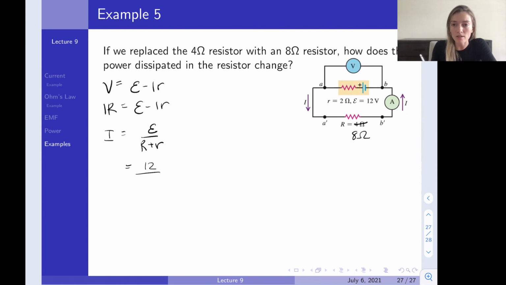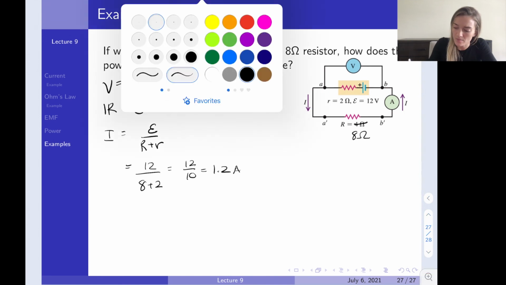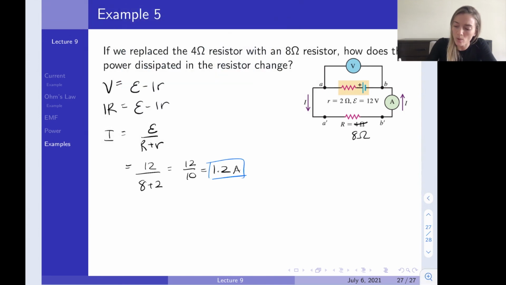Our capital R, the resistance of this resistor over here, has now increased to 8, and our small r, the internal resistance, is still 2. So we get 12 over 10, which is 1.2. So our new current has decreased. Our current now is 1.2 amps.